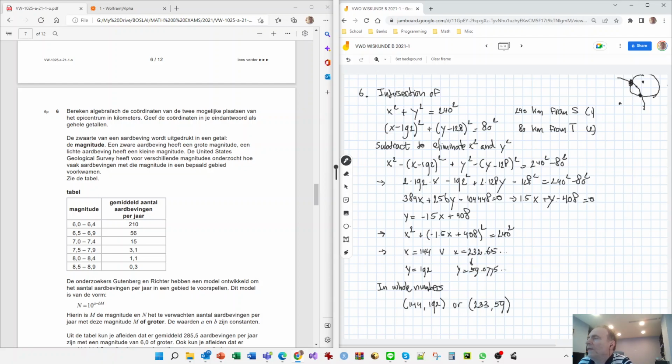So you need to bring them all to one side, so you get like 4 constant terms here that combine to this number.